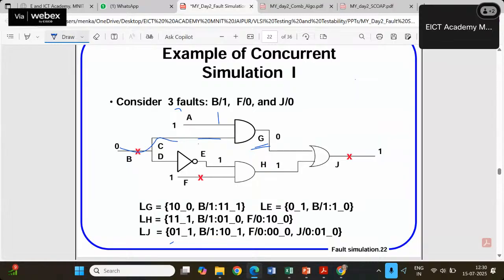What is simulation? When we can detect it. For example, this is detected. Whatever fault you have, we figure out that we detect it.